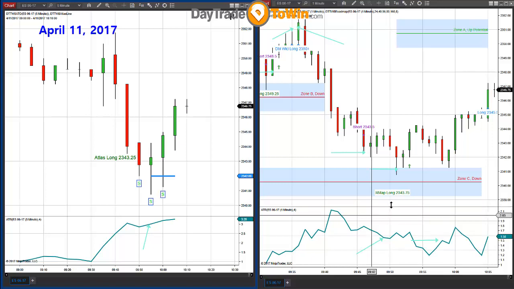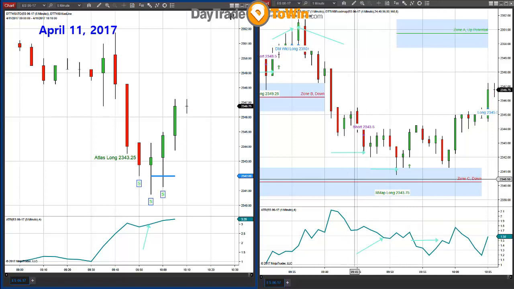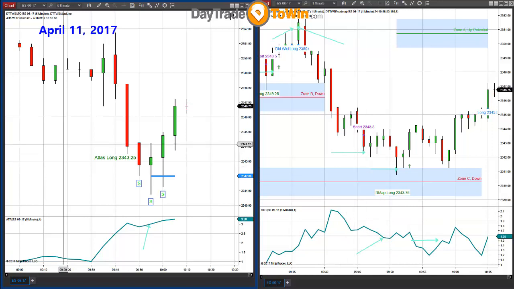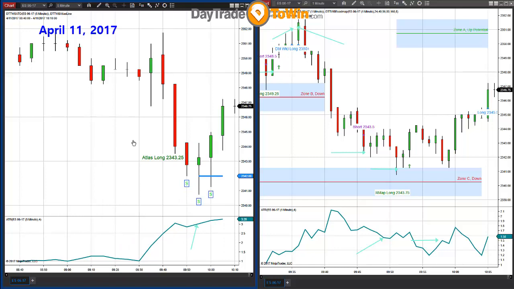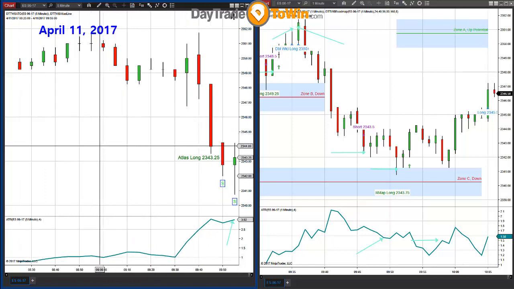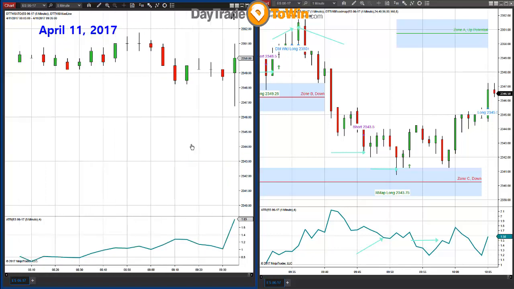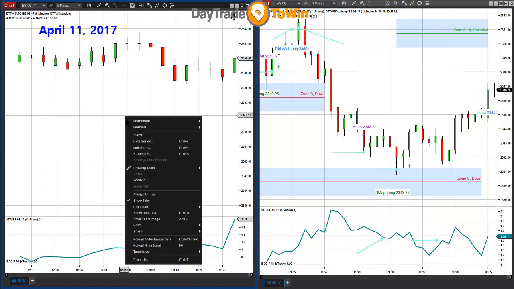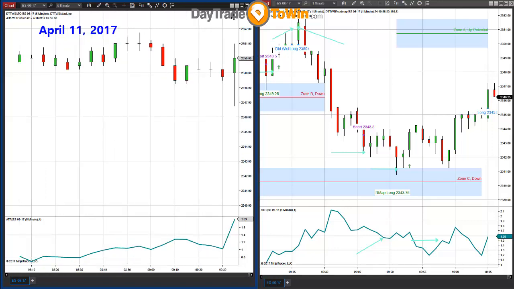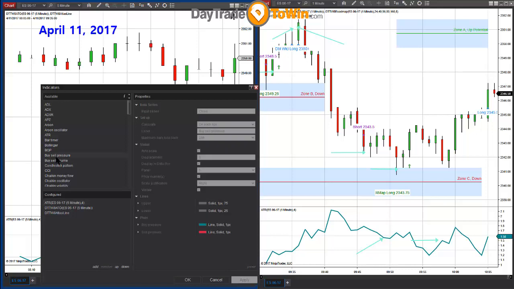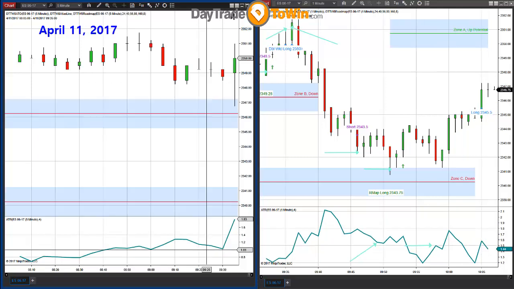You see here the roadmap right over here that indicated don't go short, only go long. Okay, so what if you had a forecasting agenda typical with manipulations about to happen into the future? So I'm going to add here the roadmap to my 5-minute chart with the Atlas line.